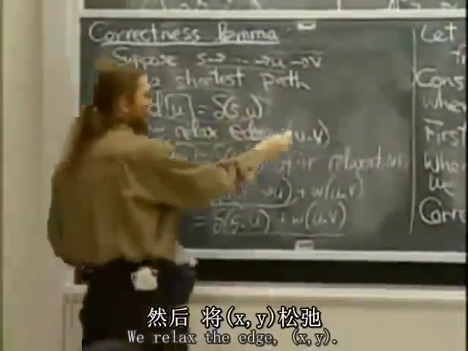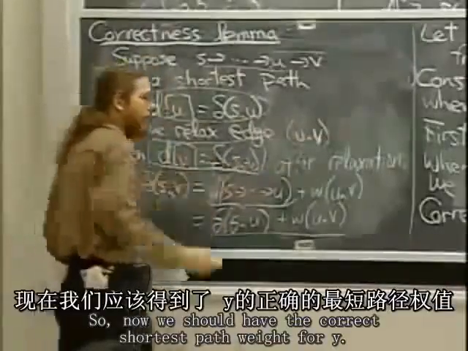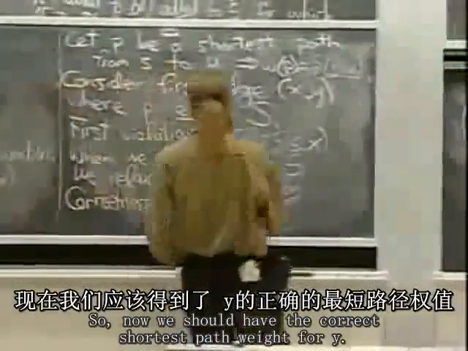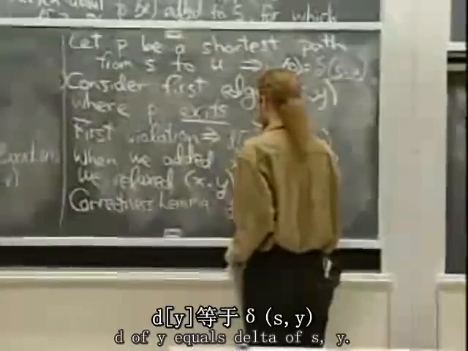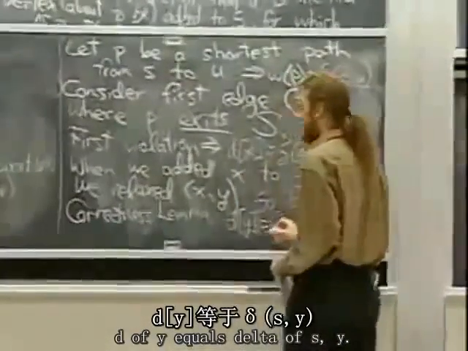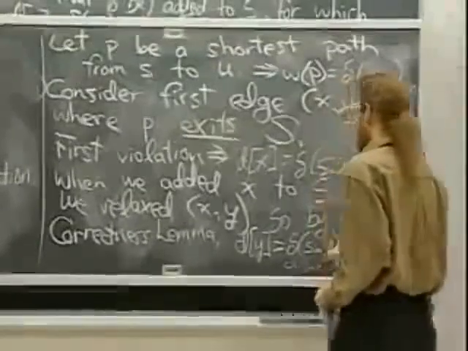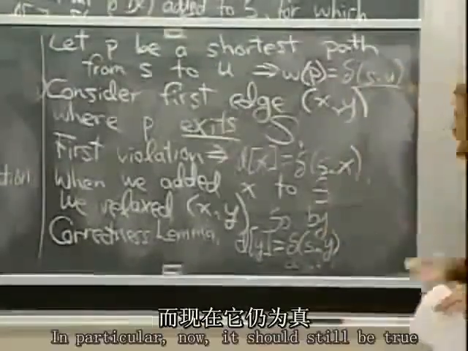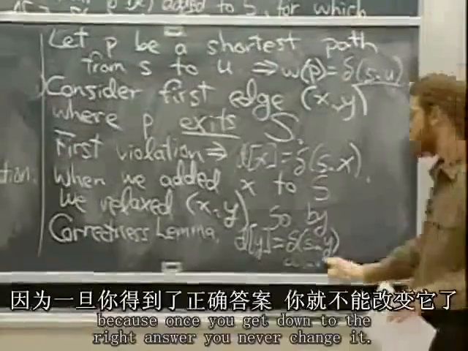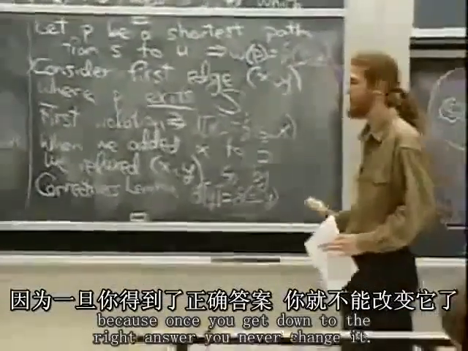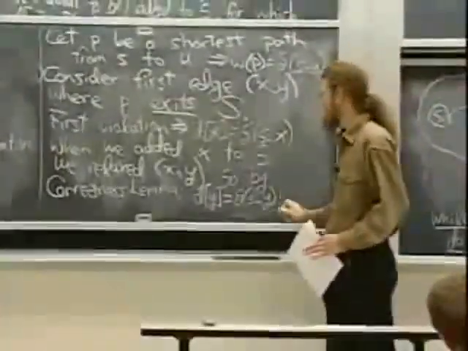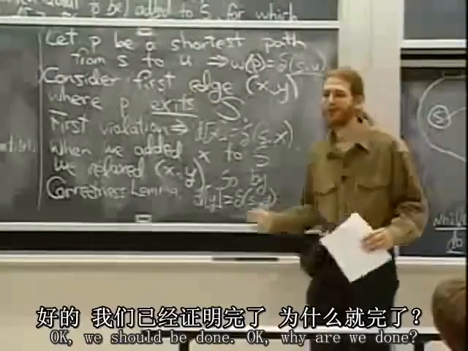Now we relaxed the edge xy. So now we should have the correct shortest path weight for y: d of y equals delta of s comma y. Okay, this is sometime in the past. In particular, it should still be true now, because once you get down to the right answer, you never change it. Okay, we should be done.